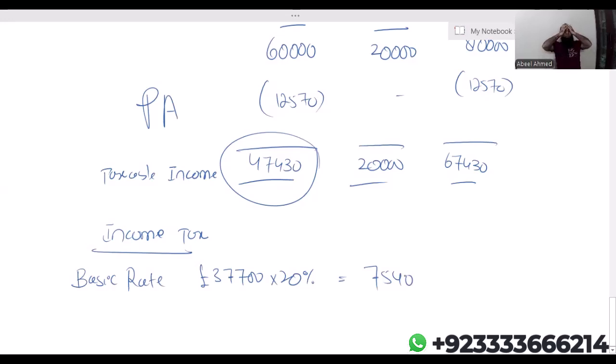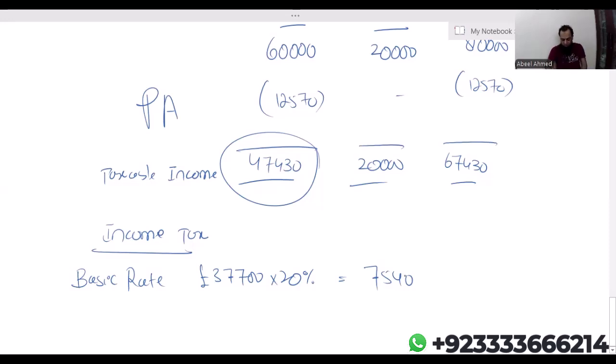Students, the taxable income in the non-saving column is 47,430. Out of that 47,430, you have applied the tax on 37,700. So what are you going to do now? From this, 47,430 minus 37,700, I'm getting 9,730.